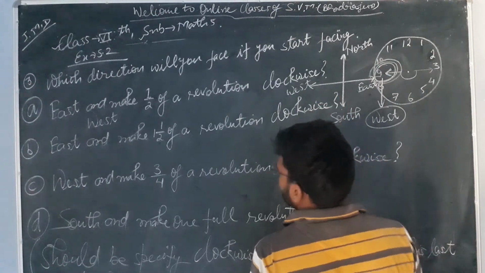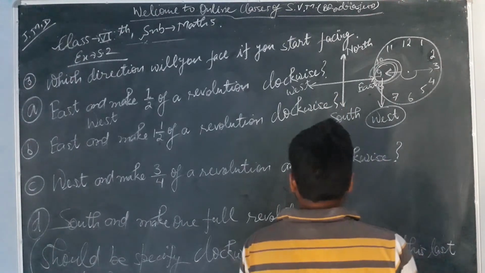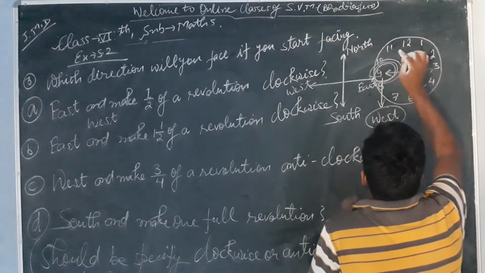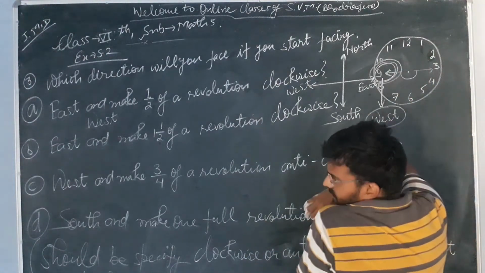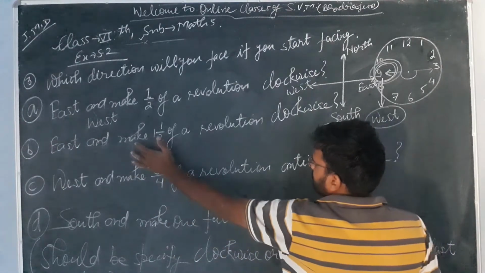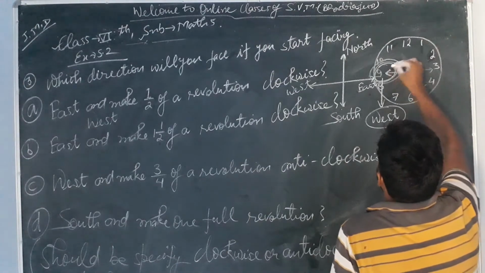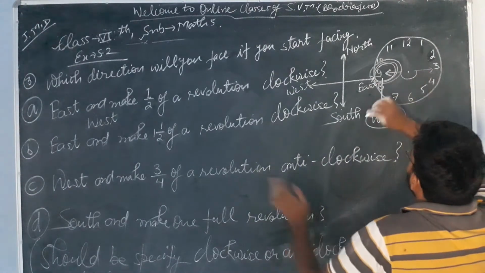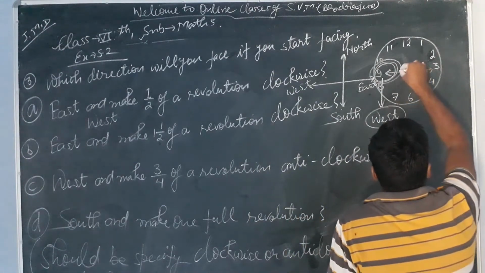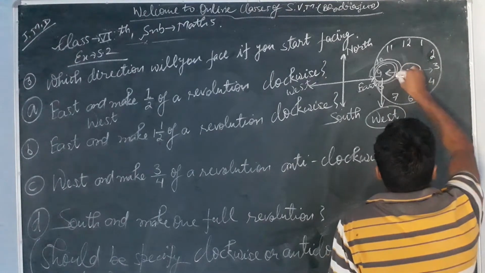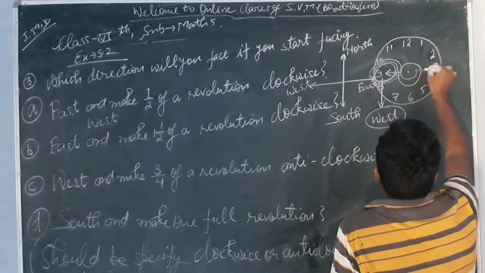East and make 1.5 of a revolution clockwise. We are facing towards east, and when we take one full revolution, we will come over here again. And after that, with a half revolution, we are facing this direction.